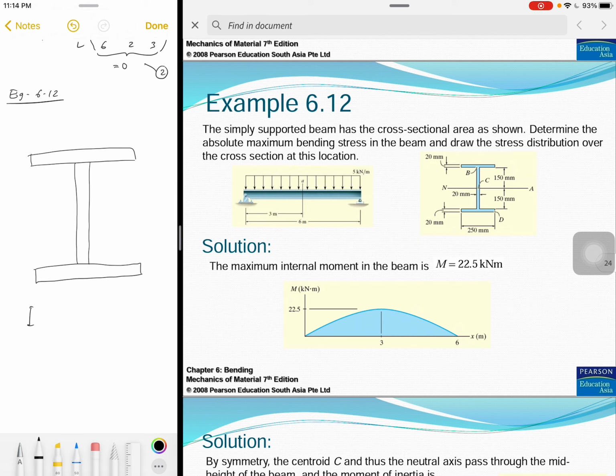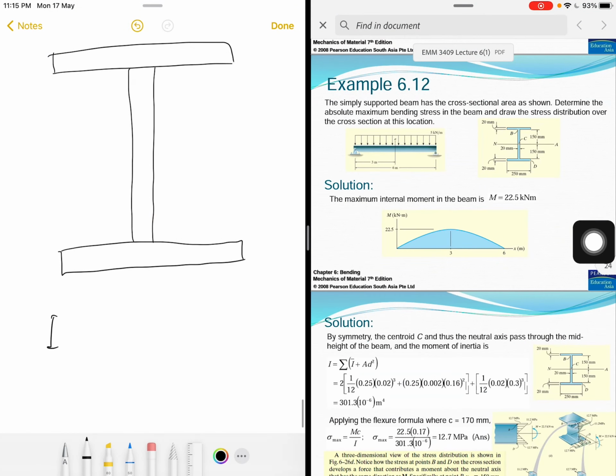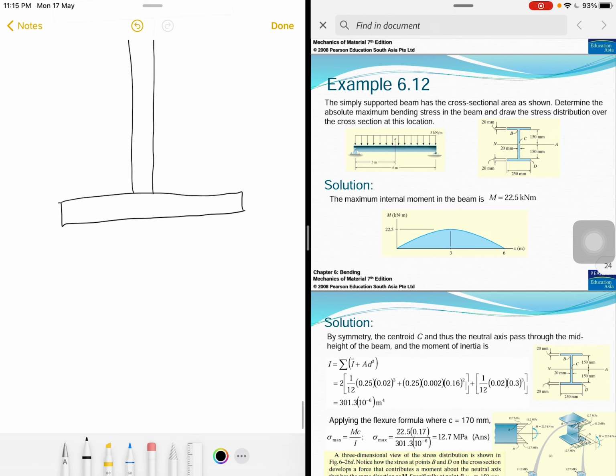But before that, we want to calculate the moment inside this beam. So the moment inside that beam is not very difficult in this case, because there's only one load, and we don't have moment at the end, because we have roller and we have pivot, so there is no moment at the ends.